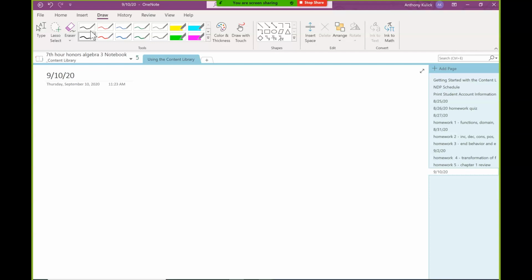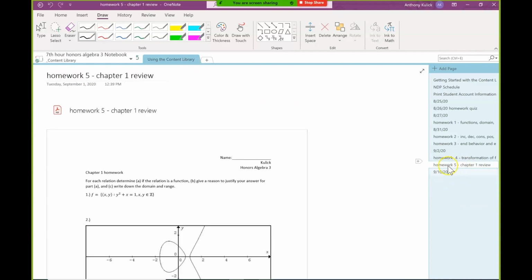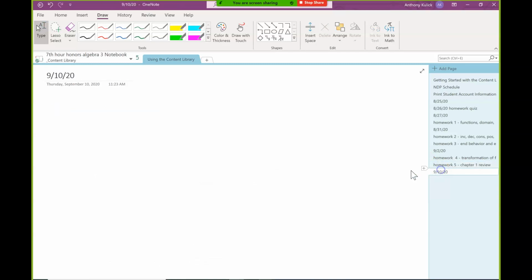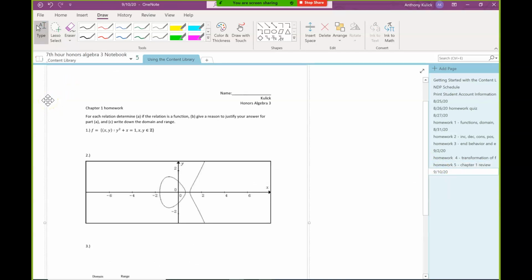So for number one on the review, can you go over that one? Sure. This is, I think, the trickiest of these first four in some way. The first thing we should do is try to determine if the relation is a function.